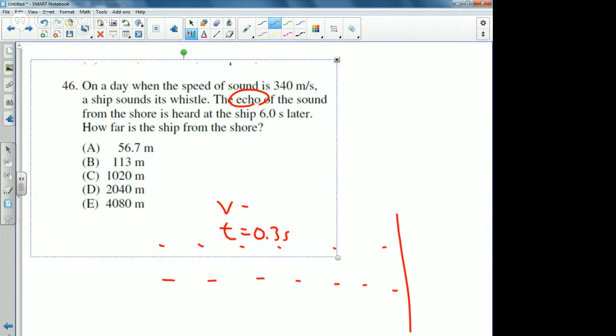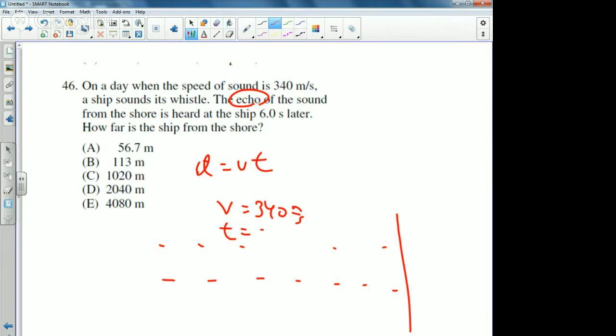The speed of sound is 340 meters per second. So distance is v times t. Now, by the way, can you guys do this in your head? 340 times 0.3? It's 3 seconds. Oh, I get these things wrong reading them. 340 times 3, you should see it's about 1,020.